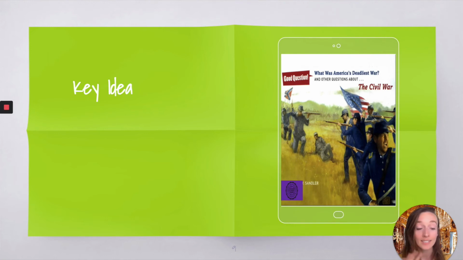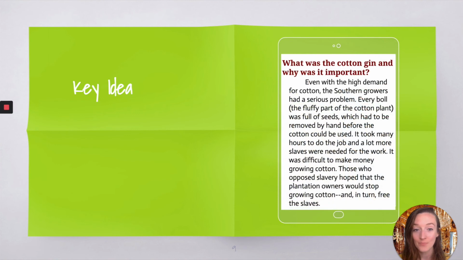Right, yes. Okay, so the key idea of this passage, well, one great place to look for the key idea is the heading. The heading usually tells you what that section's about, and hence the main idea of it. So our heading says, what was the cotton gin and why was it important?